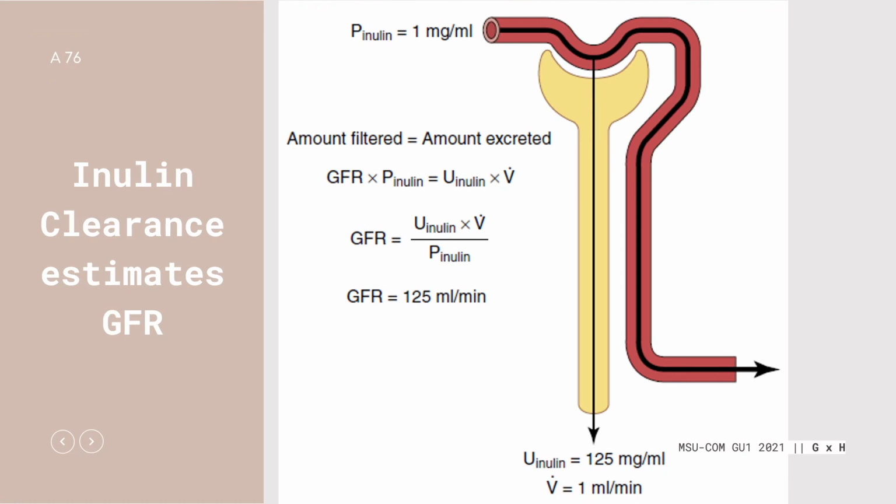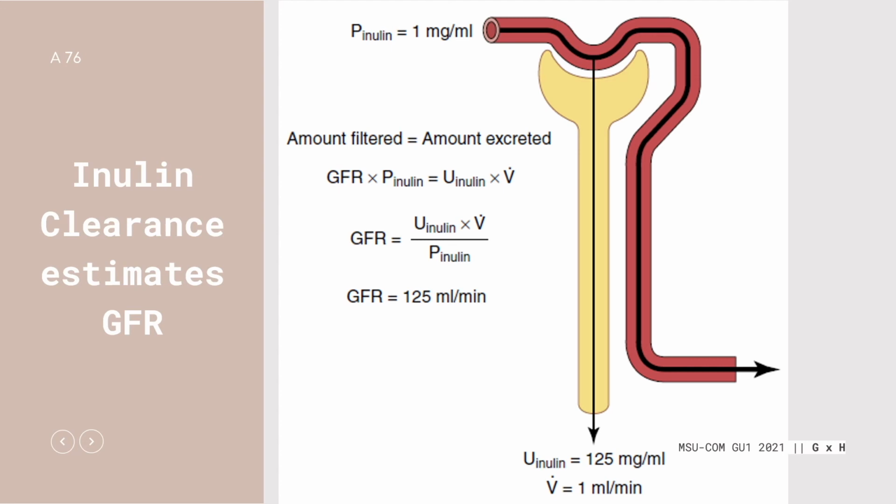A substance that fits these criteria is inulin. Inulin is freely filtered in the glomerulus and is neither reabsorbed nor secreted by the tubules. Therefore, it is the gold standard in determining GFR, and thus the gold standard in determining clearance. It is a plant-based polysaccharide molecule that is not produced in the body, aka it is an exogenous compound.